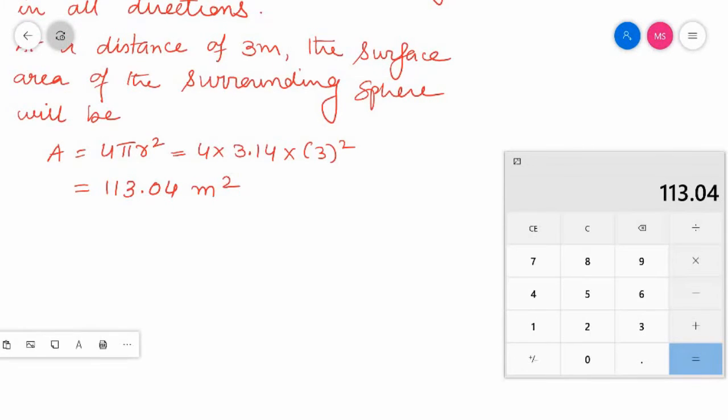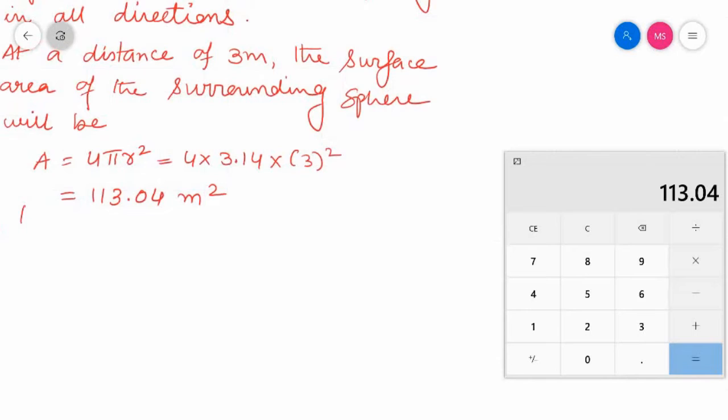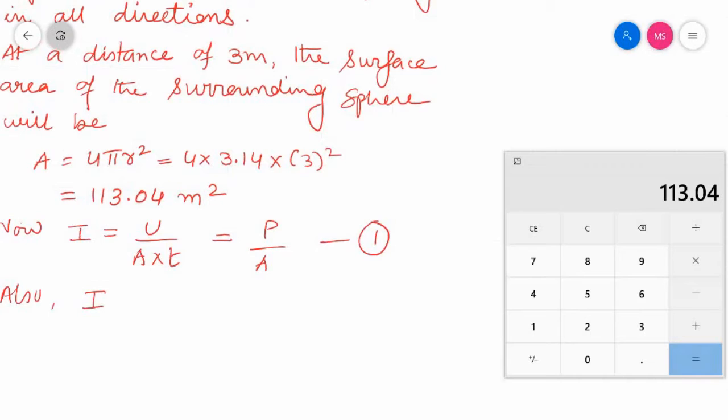Now we know that intensity is energy per unit area per unit time, but energy upon time is power, so therefore this can be written as power over area. Let this be equation number 1. Also we know that intensity is epsilon naught c E square.